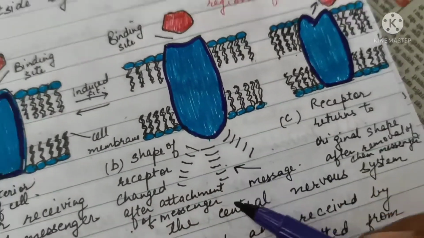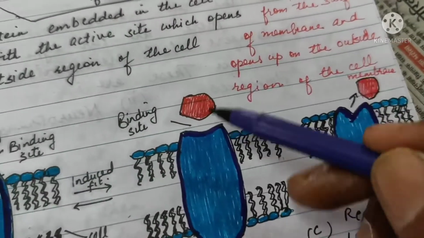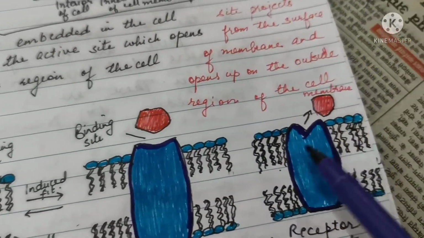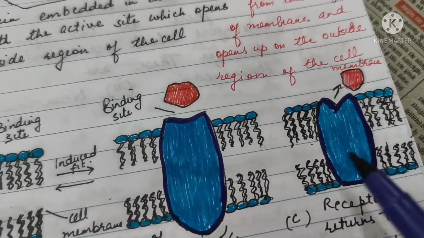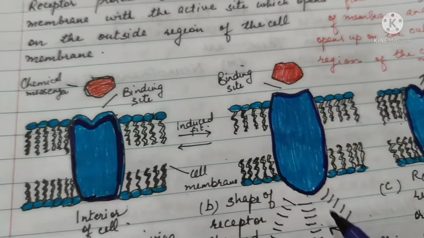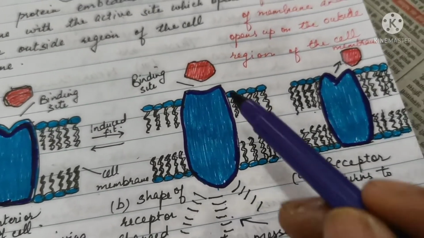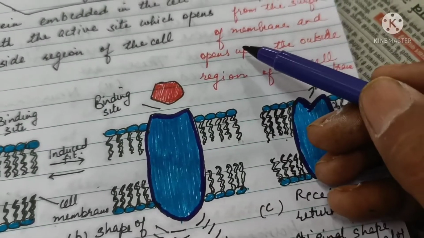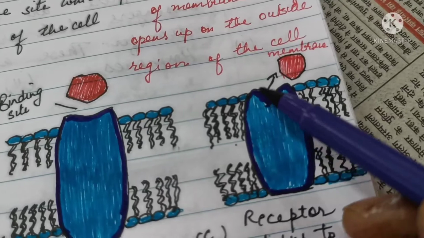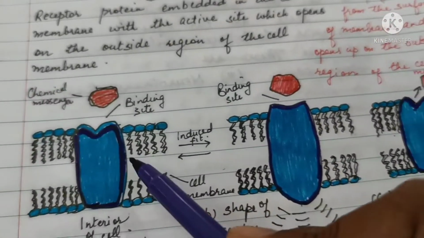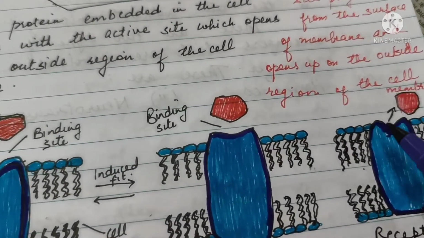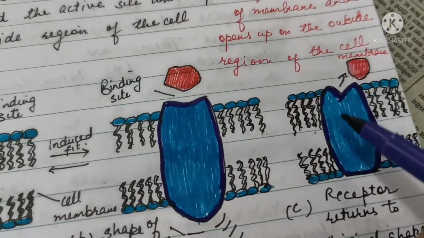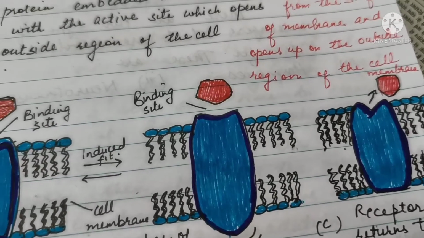As soon as the message is imparted, the hormone or the messenger will leave. First, when this is attached and the message is transmitted, the shape is changed, and when the messenger detaches, the receptor protein again regains its original shape, so that another messenger can act upon this receptor protein to get the work done.